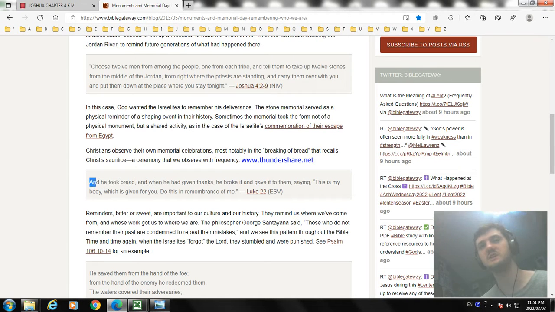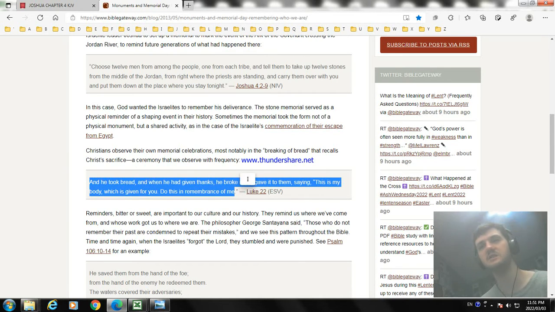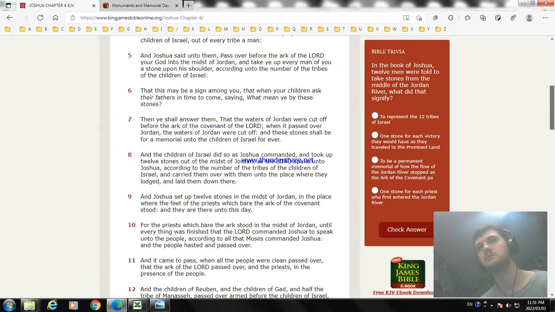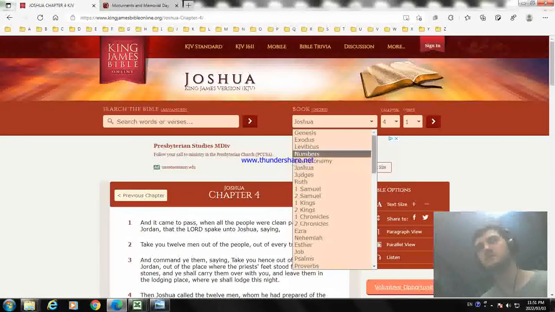Now, here's a verse from the NIV. Here's a verse from the ESV. I'm probably going to read that one from the King James.